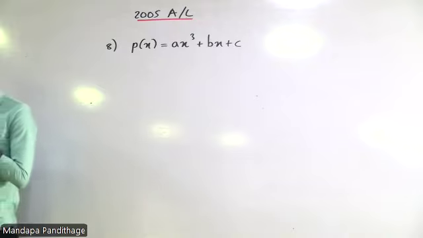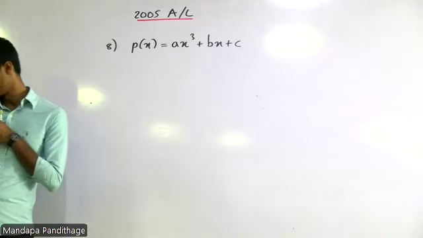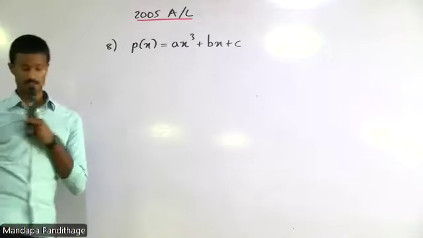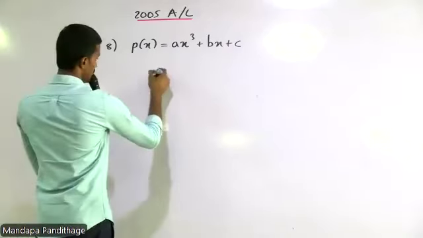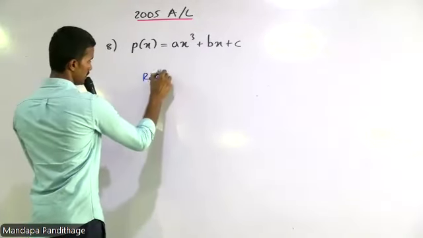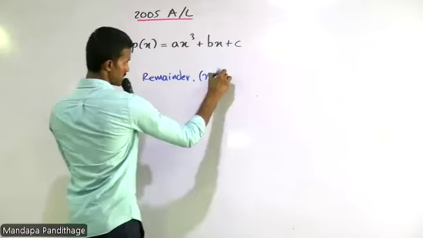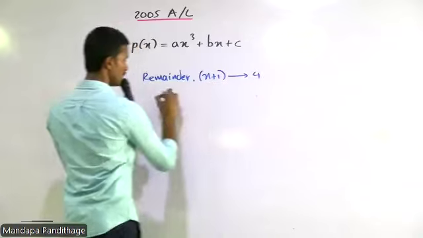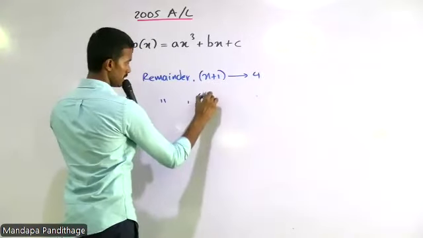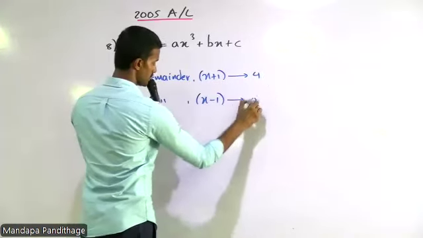Okay, so what is the data given? The remainder when divided by x plus 1 is 4. The remainder when divided by x minus 1 is 0.